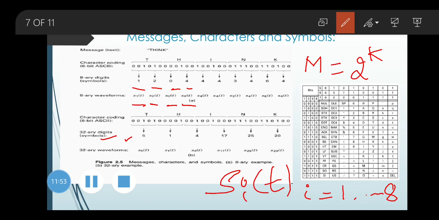That k value of 5 is used, and we group all these bits of zeros and ones in groups of 5. Then we rewrite the decimal equivalent value and give the name for the 32-array waveform. This is how the encoding process, the array conversion process, is done by making use of the standard formats that are available, and then converted into array digits or waveforms and transmitted using the medium.